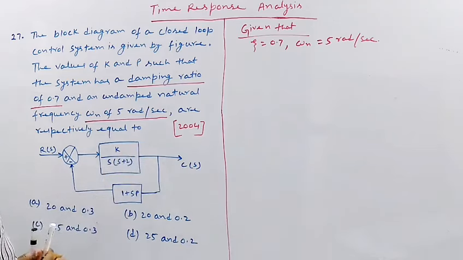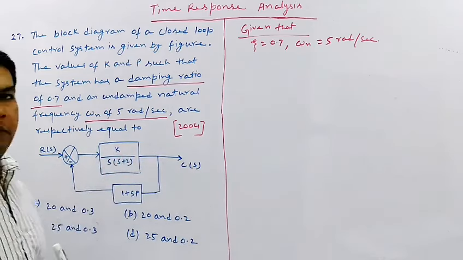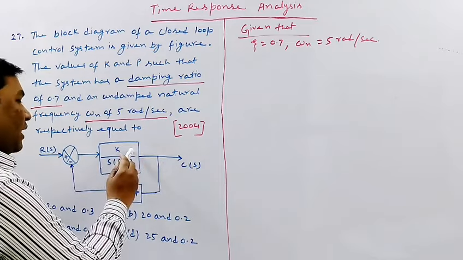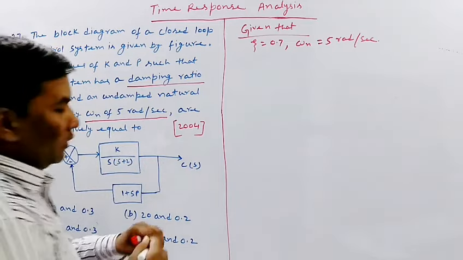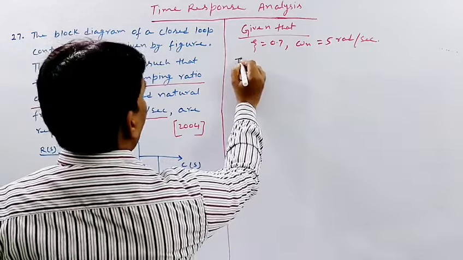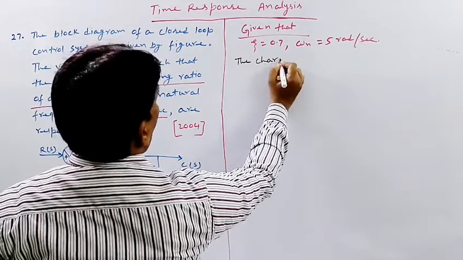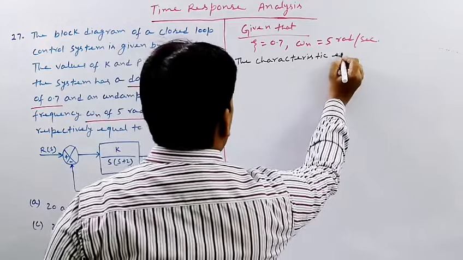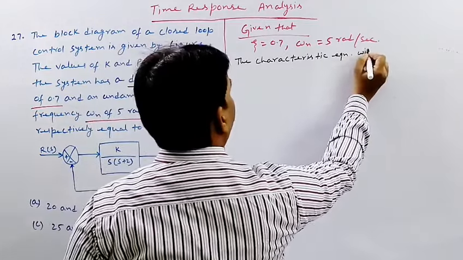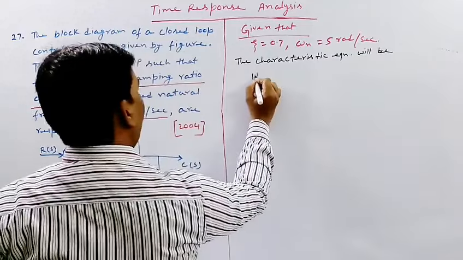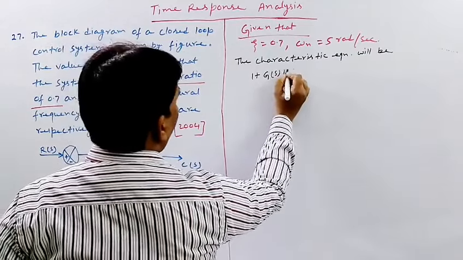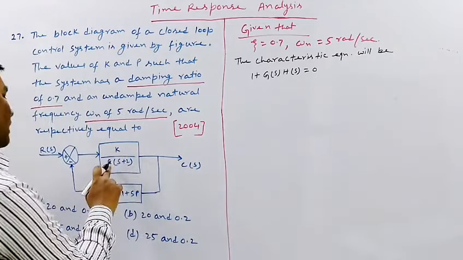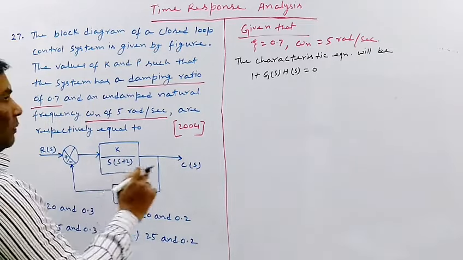Now what will be the characteristic equation? The characteristic equation for a closed loop system is given by 1 plus G(s)H(s) equal to 0. Here G(s) is nothing but K divided by s into (s plus 2).